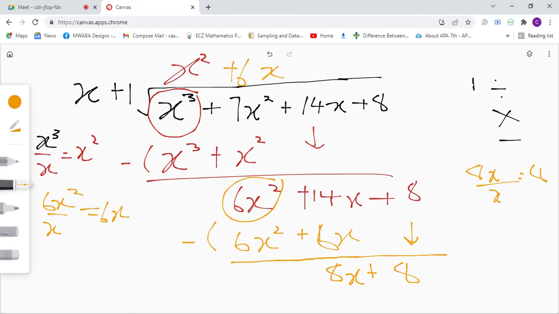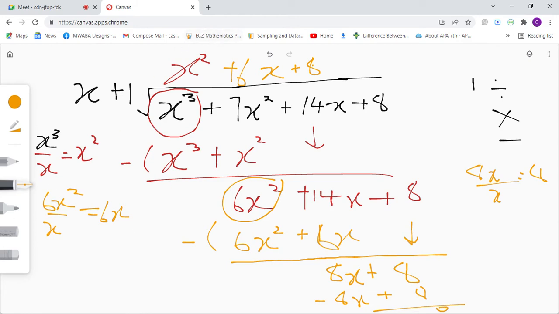So we're going to get plus 8 here. 8 times x is 8x. 8 times 1 is 8. So when we subtract, we get 0. So this is our other factor.